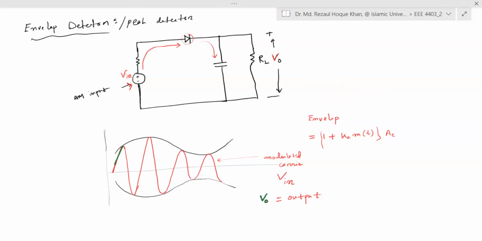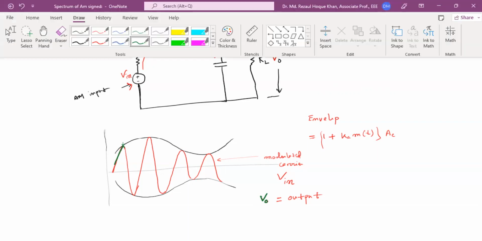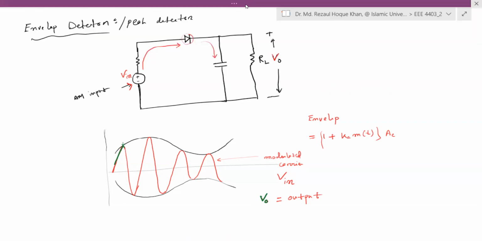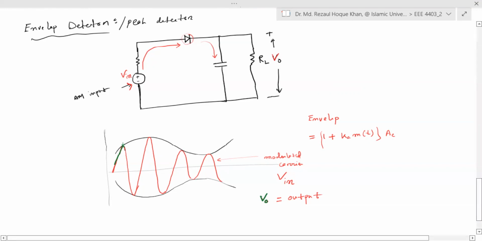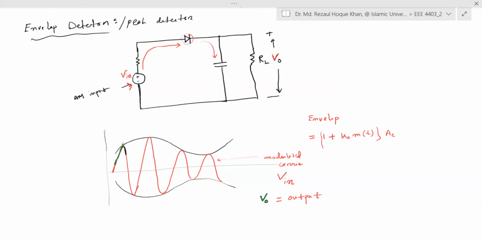Now, at this point, V in is getting down from this portion, which means V in is decreasing. At the maximum of this height, the capacitor is charging.